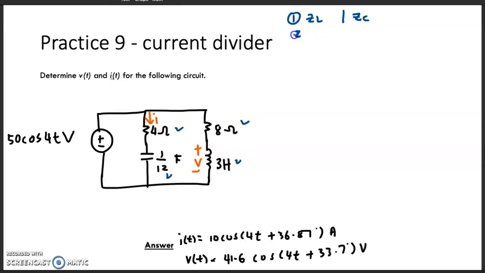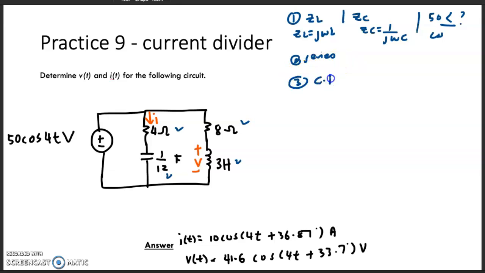If inductance, it is J omega L, if capacitance, it is 1 over J omega C. And also change your source to become a phasor. What is the phasor? It needs to be cosine. So once you change the source, you look at which one is series, which one is parallel, and then number 3, you just apply your current divider.